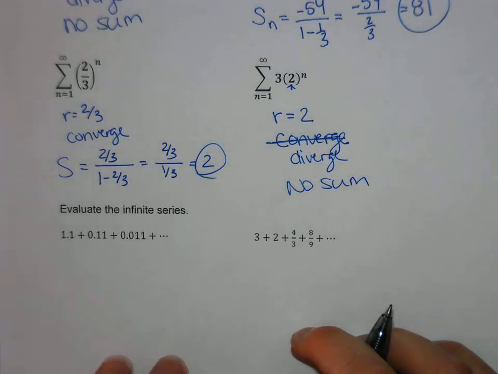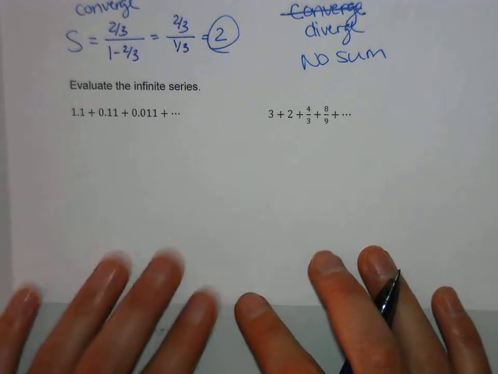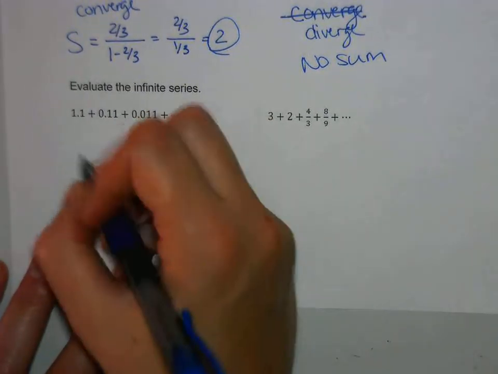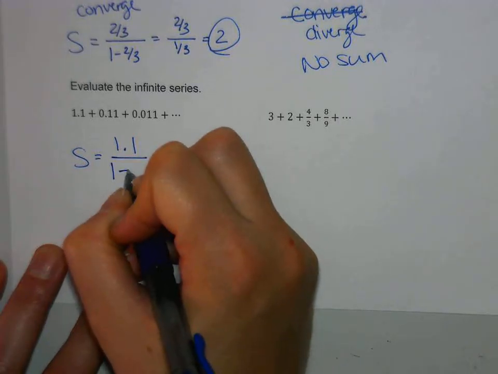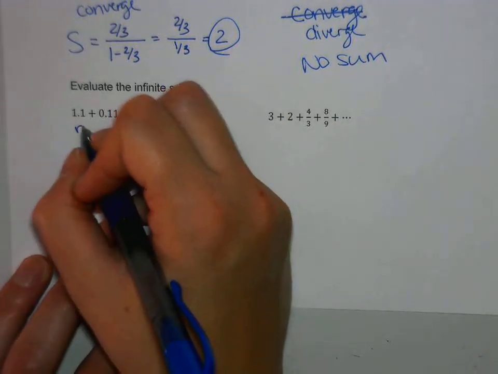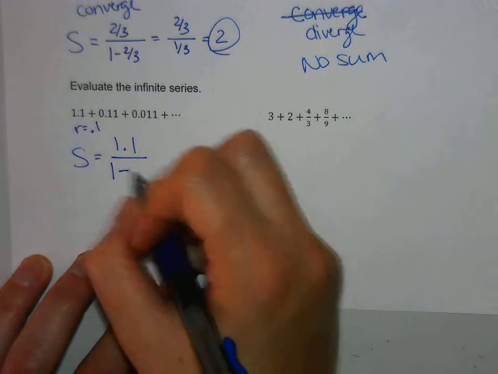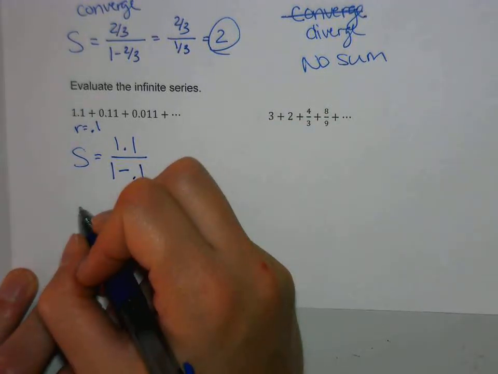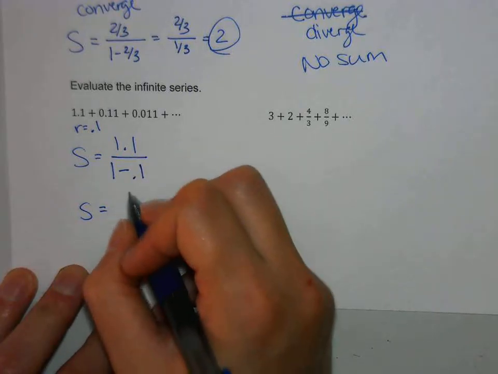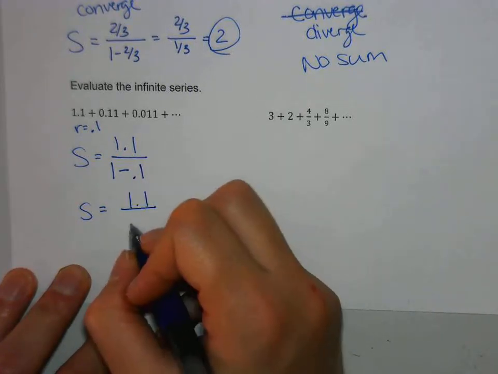Alright, so let's evaluate the infinite series. Our first term is 1 1/10, and our ratio is 1/10. If we solve that, 1 1/10 would be divided by 9/10.